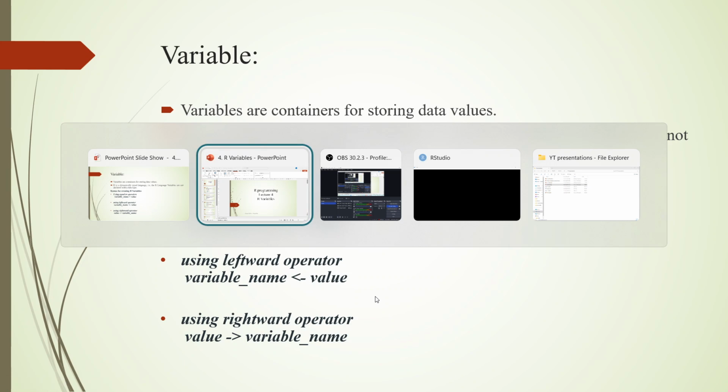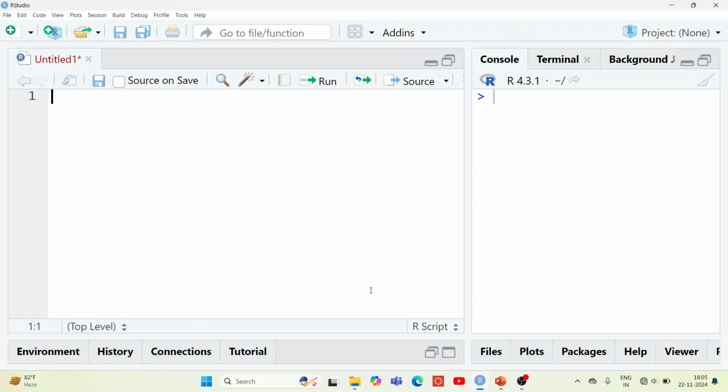So let me show you how to create a variable. For example, I am creating a variable x. I am using the leftward operator and assigning the value 10. Suppose I am creating a variable y equals 20. I am using the assignment operator. Let's execute this.